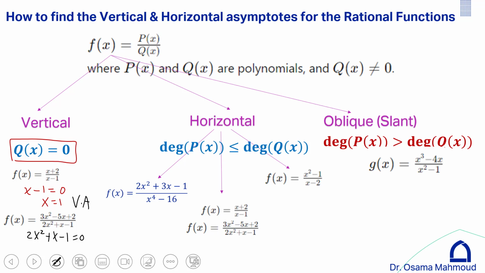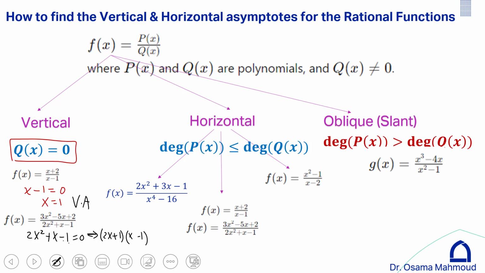For this one, take the denominator and put it equal to 0. Using the calculator, you can find the roots, or using factorization, you can do it. 2x squared, you make it 2x and x. You have minus here, so you have one plus and one minus. 1 can be factorized only by 1, so you have no problem.